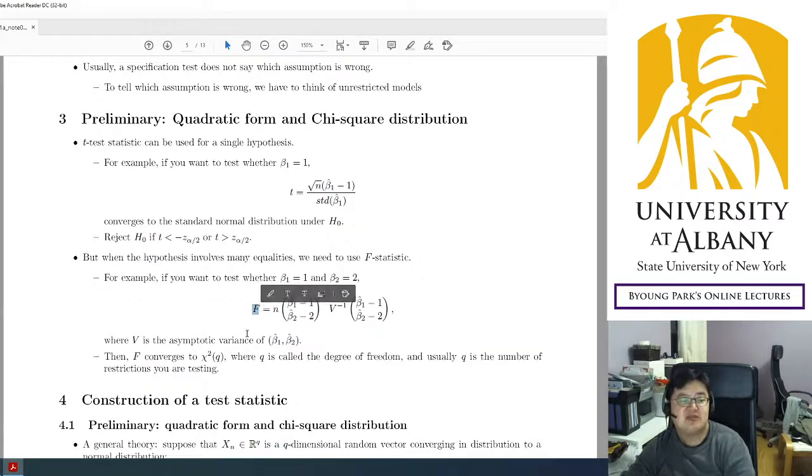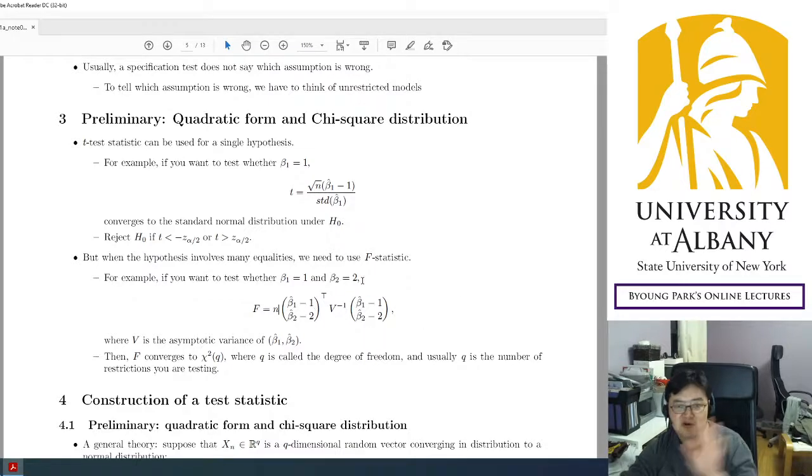This is F statistic, and we call this quadratic form. And usually Q converges, and later if you multiply n, the reason why we multiply n is because square root n should be multiplied here, square root n must be multiplied here.